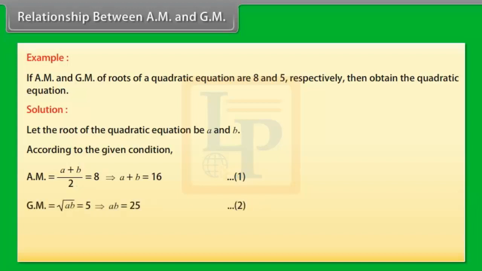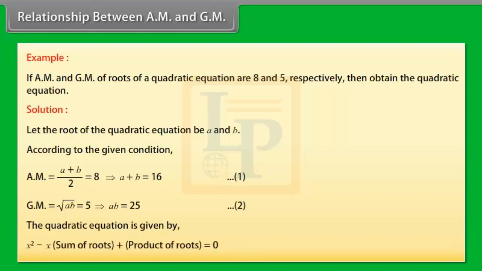Geometric mean, square root of AB, is equal to 5. It implies AB is equal to 25. Let it be equation 2. The quadratic equation is given by x square minus x into sum of roots plus product of roots is equal to 0.